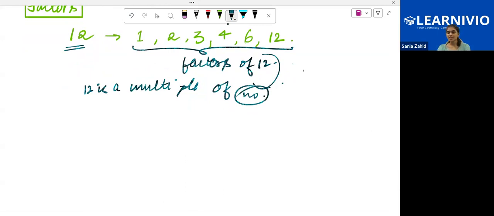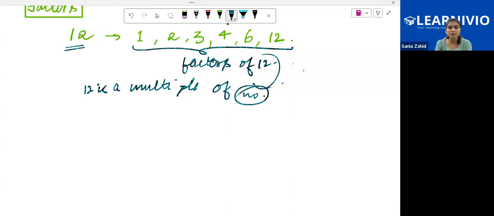So basically, if one number is a multiple of the other number, that means the other, smaller number is a factor of that number. Simple. The concept of factors and multiples is correlated to each other. Do you understand this? Yeah. Very good.